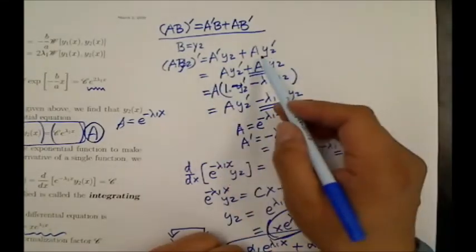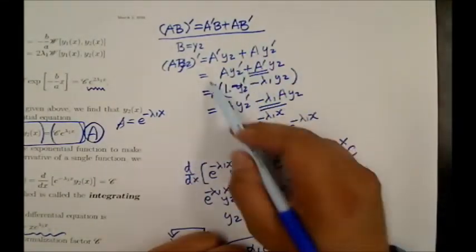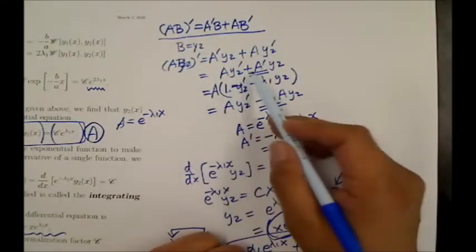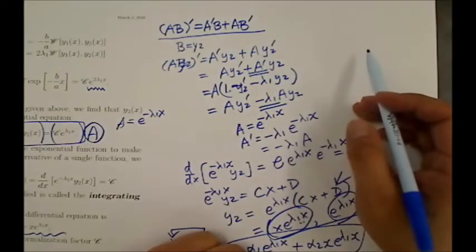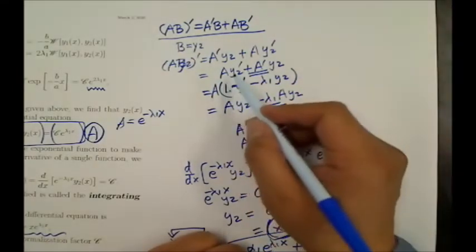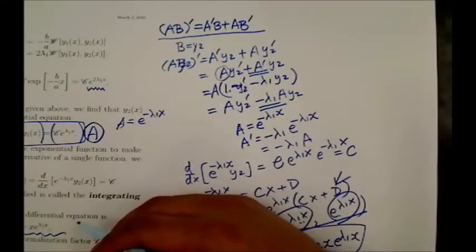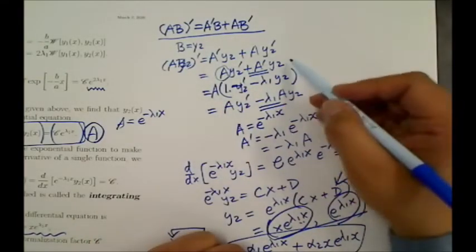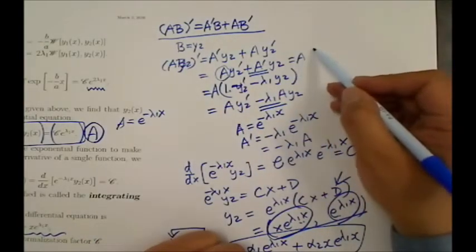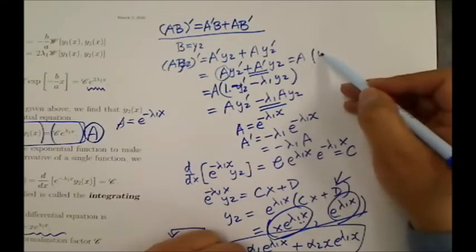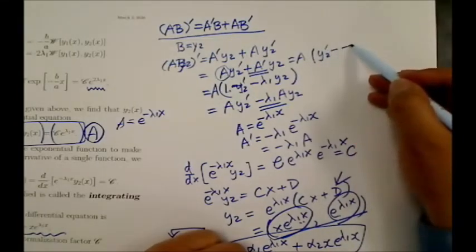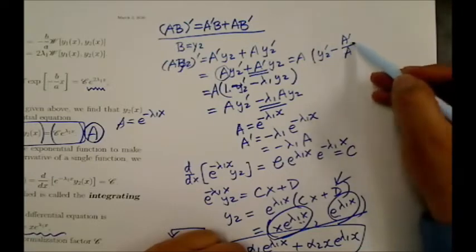So exchange this one and this one to the left: A y2 prime plus A prime y2. Here I have a factor of A. If I factor this A out, what I get is A times y2 prime plus A prime over A y2.